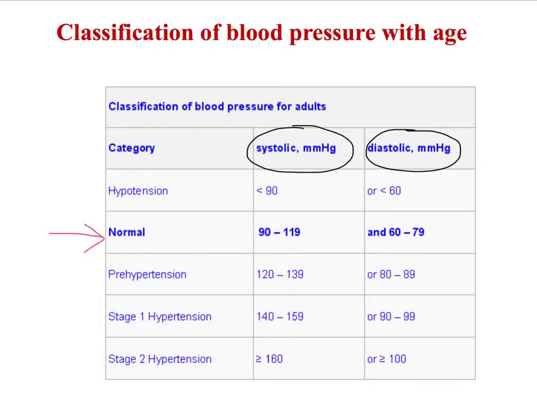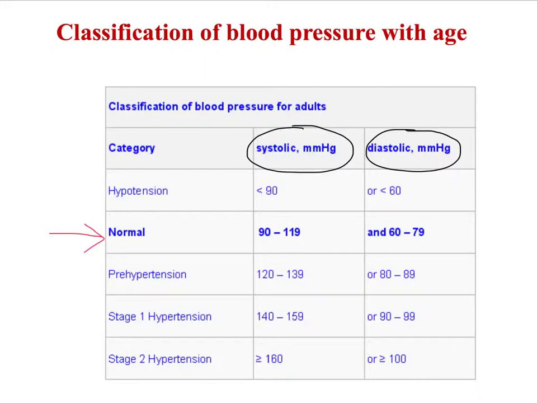Now, systolic is the blood pressure post-heart contraction. So it's the maximum pressure that the heart can achieve when pumping the blood. So our systolic is almost like a contracting pressure. When the heart contracts and it generates a pressure to push that blood out with, that's what the systolic is.